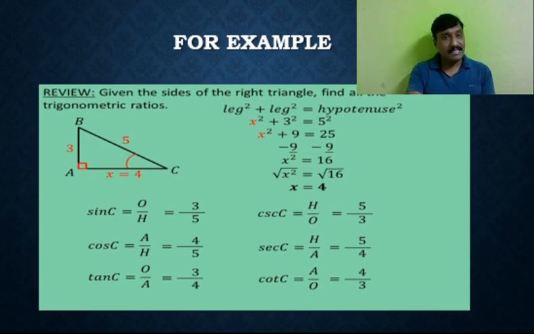Cosecant angle C is hypotenuse by opposite, that is 5 by 3. You can observe here 3 by 5 is becoming 5 by 3, 4 by 5 is becoming 5 by 4, 3 by 4 is becoming 4 by 3. All of them are changing their places. They are called reciprocals. So the reciprocal of sin C is cosec C, the reciprocal of cos C is sec C, and the reciprocal of tan C is cot C.